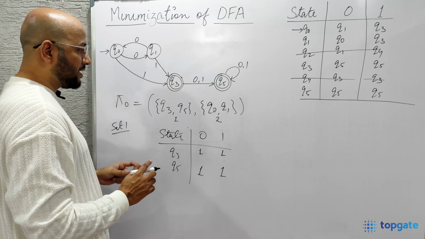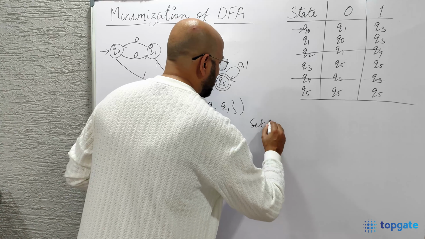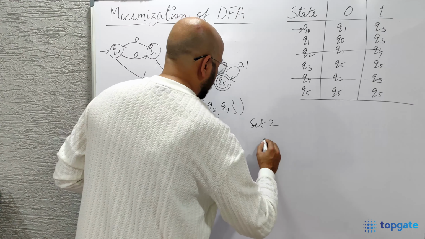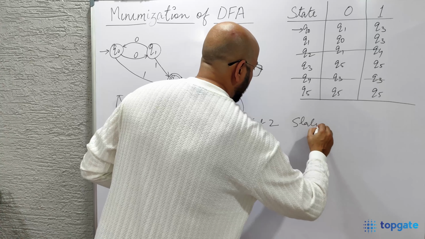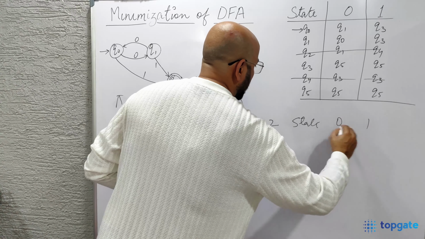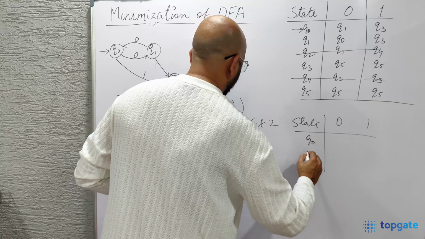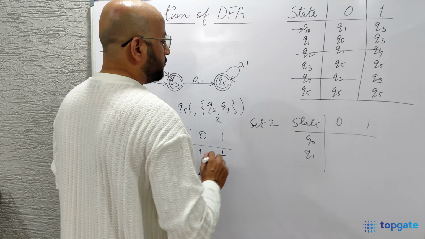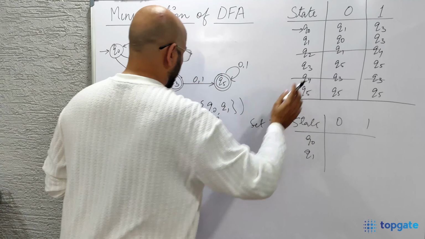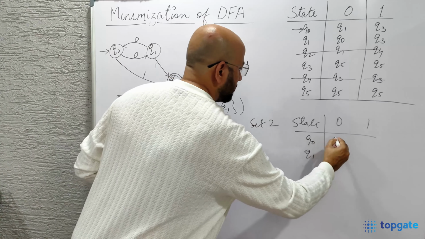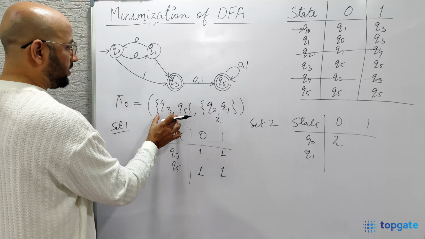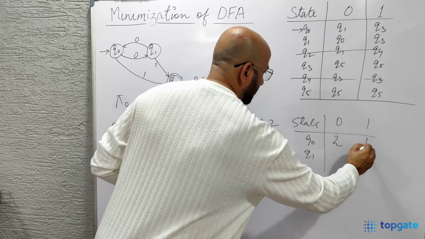Now I'll go for set number 2. Again I'll write state, 0 and 1, and under state I'll write Q0 and Q1. For Q0 I have Q1 and Q3. Q1 belongs to set number 2 and Q3 belongs to set number 1.